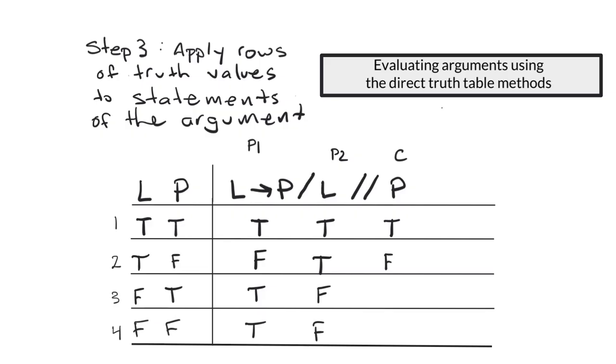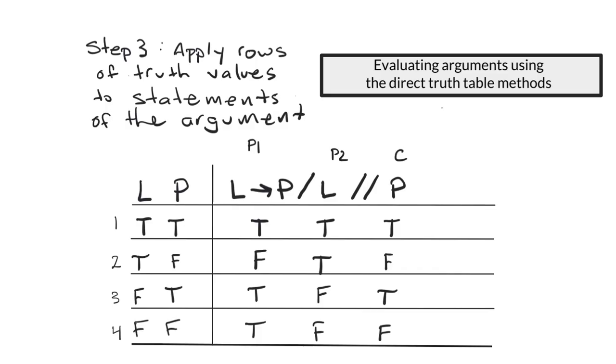And row 4, it's false. So that is complete. Our truth table is all complete. We've added all the possible combinations of truth value, and we've plugged it into the form of the argument so that every single combination of truth value that's possible has been applied to the form of the argument.